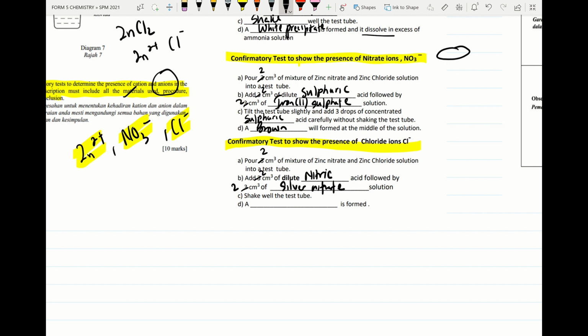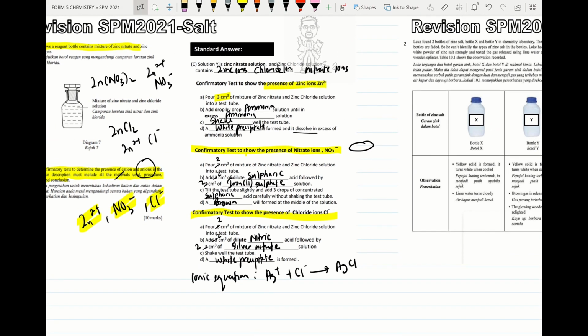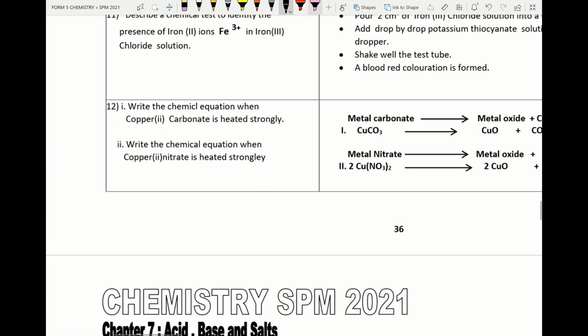Shake the test tube well, and a white precipitate is formed. Please write down the ionic equation: silver ion combined with chloride ion will form silver chloride. So this is the essay question that students must remember. We check question number 12.